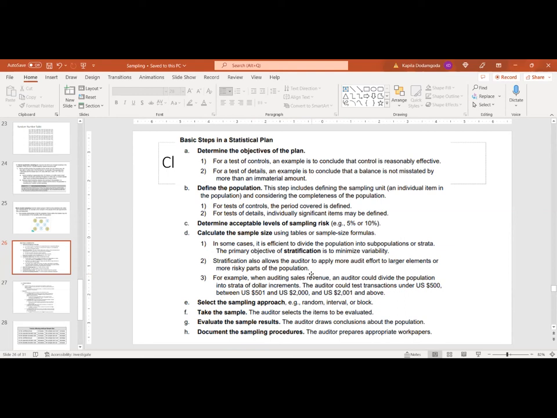Say, for example, when auditing sales revenue, an auditor could divide the population into strata of dollar increments. The auditor could test transactions under 500, transactions between 500 and 2000, and transactions of 2000 and above. That is one way of stratifying. Depending on the magnitude of the transaction, you put them into categories. From each magnitude you will be representative, or for high value segments, you want to pick more.